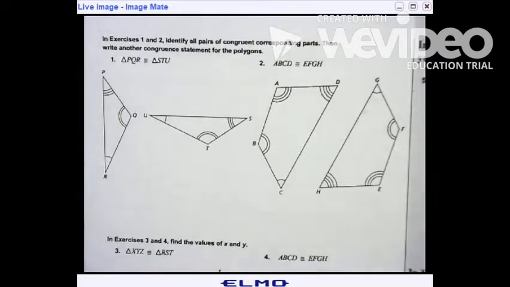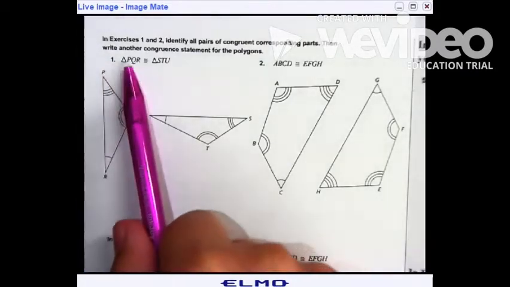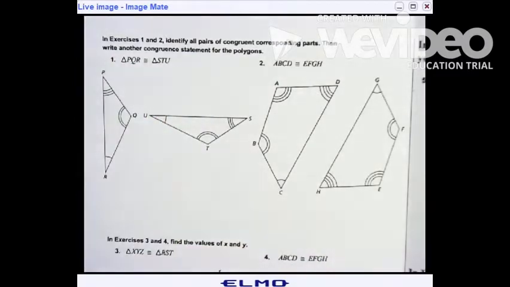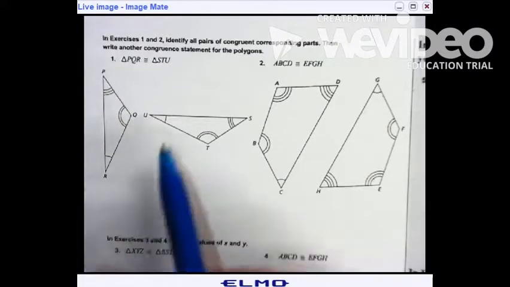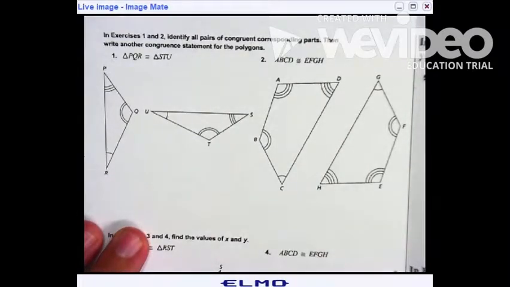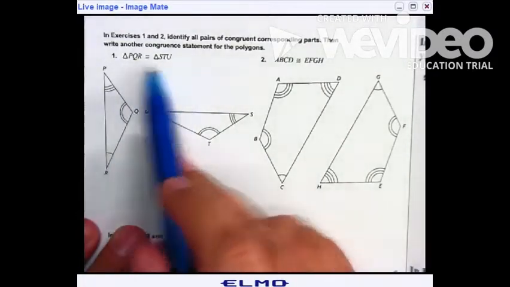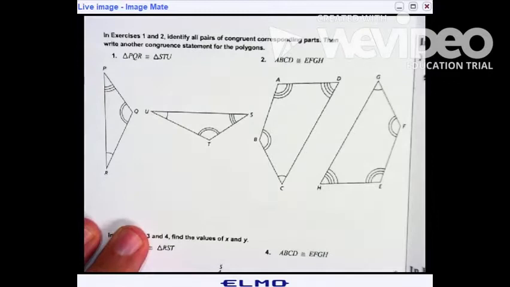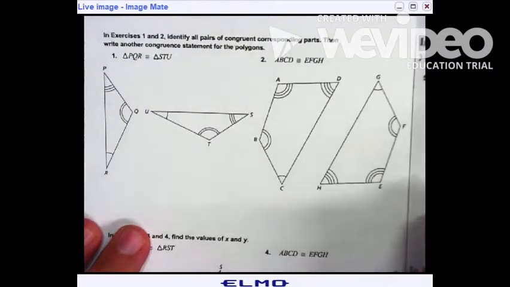Okay, so it tells us triangle PQR is congruent to triangle STU. So the triangles are congruent. So what that means is that even though the sides are not marked as congruent, they're congruent because the triangles are congruent. Now, it wants us to identify all pairs of congruent corresponding parts.